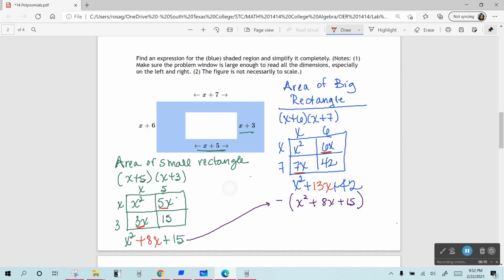So what the negative does, it changes the sign. This is minus, minus, minus. So it would be 42 minus 15, 27, 13 minus 8.